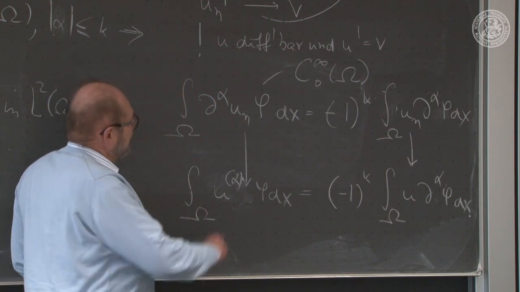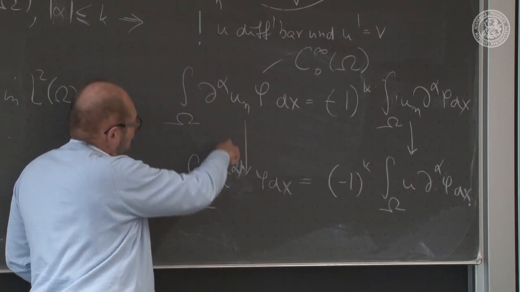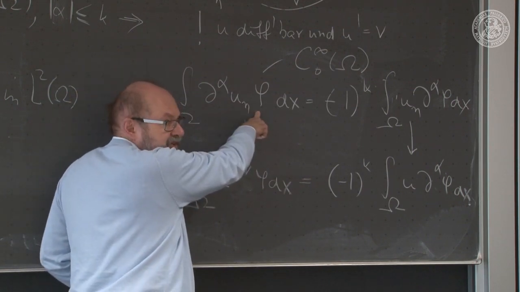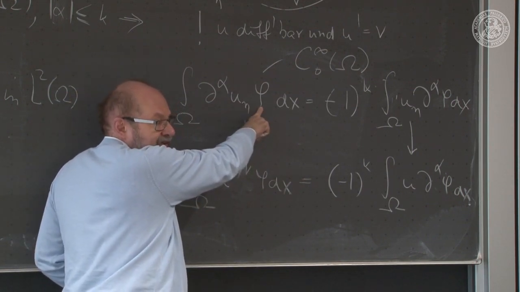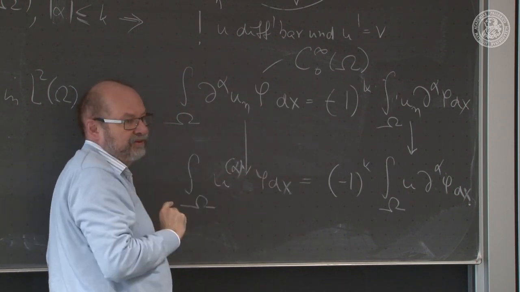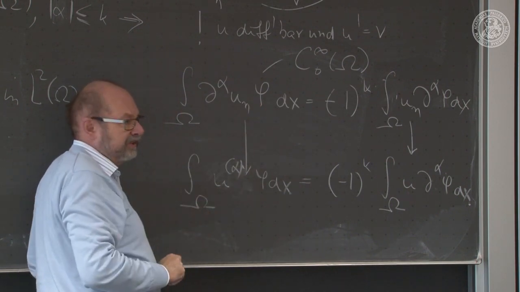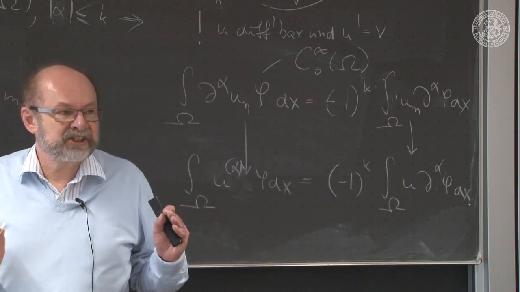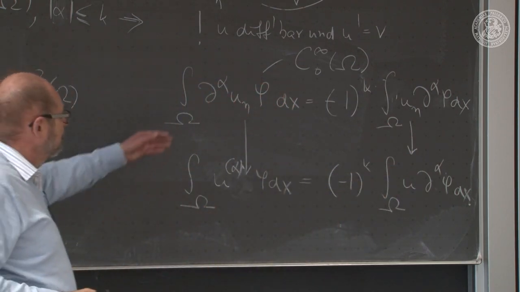So what is this? This sequence converges to this guy in L2. This is a smooth function, an L2 function. So this whole thing converges, just the L2 scalar product here. The same thing here. And you see, I need much, much less than L2 convergence.